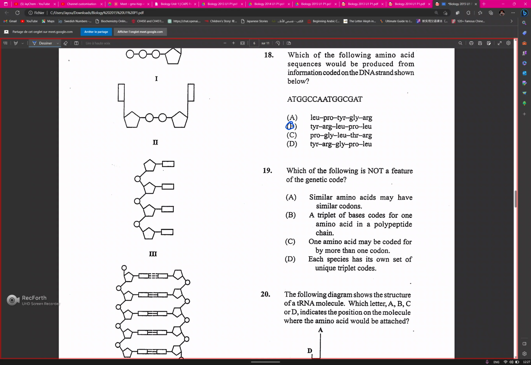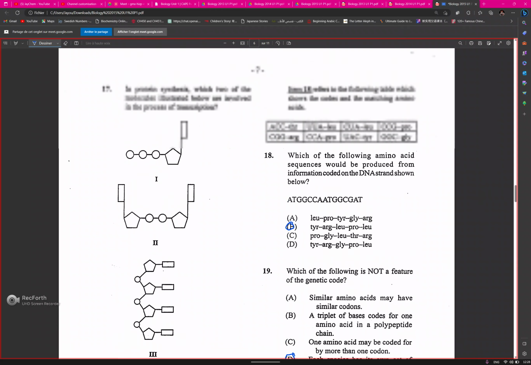The central dogma of genetics speaks to the fact that DNA codes for RNA and RNA translates it into proteins, right? No matter the organism, isn't it so? It would be used regardless of organism, right? So that's the genetic code. So I would believe that D would not be a feature.